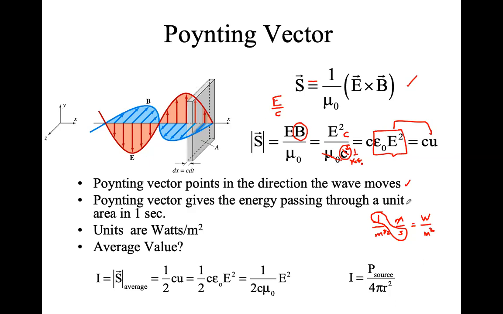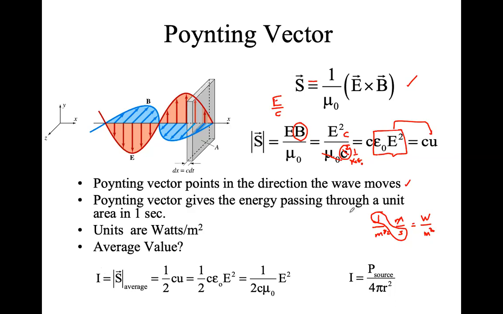That's something doable. So the magnitude of Poynting's vector gives the energy passing through a unit area in 1 second, the power per area. Units are watts per meter squared. Further, the average value of the Poynting vector we call the intensity, which is like brightness, how intense the electromagnetic radiation is.